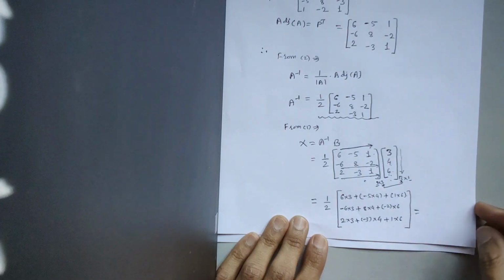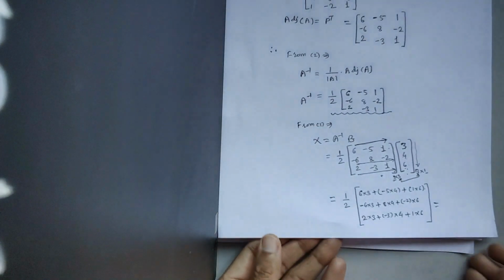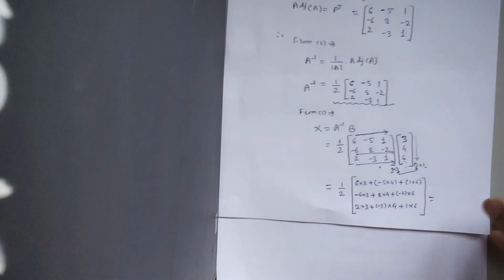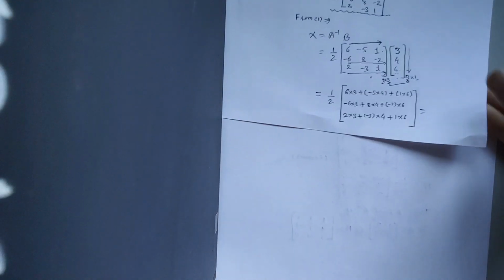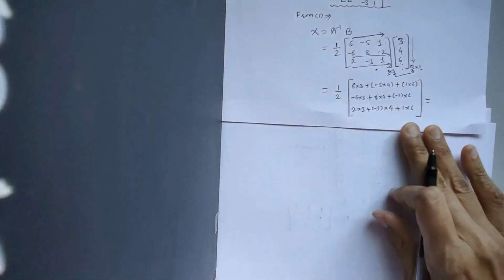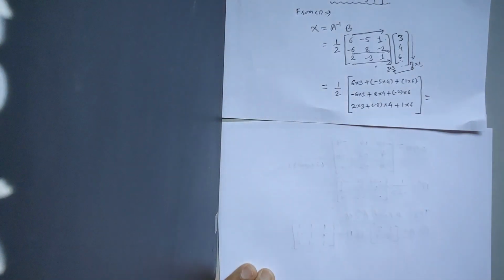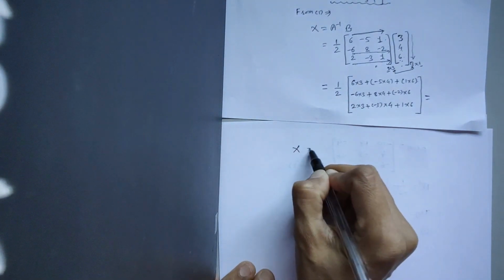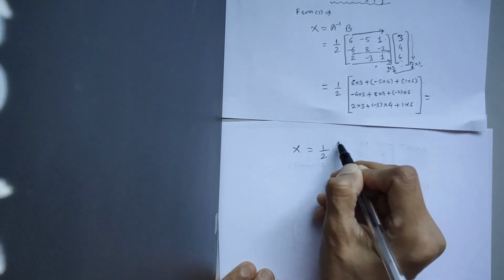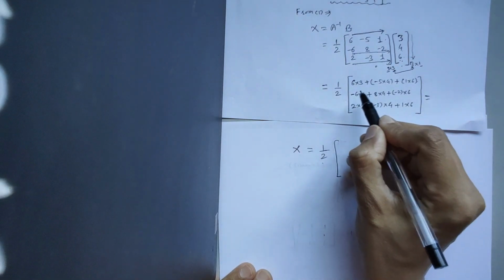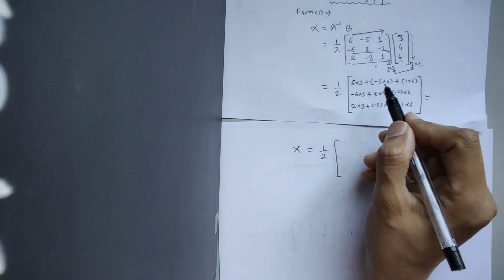All right. So what will I get? Let me just change the page. So this X matrix I will get 1 by 2 into, just make these calculations.